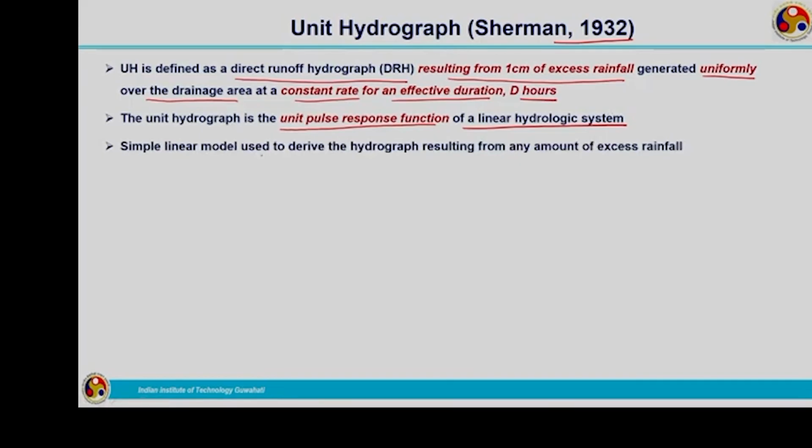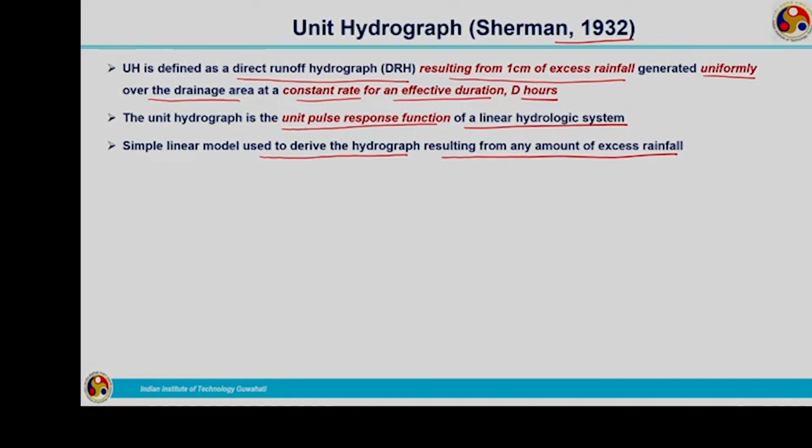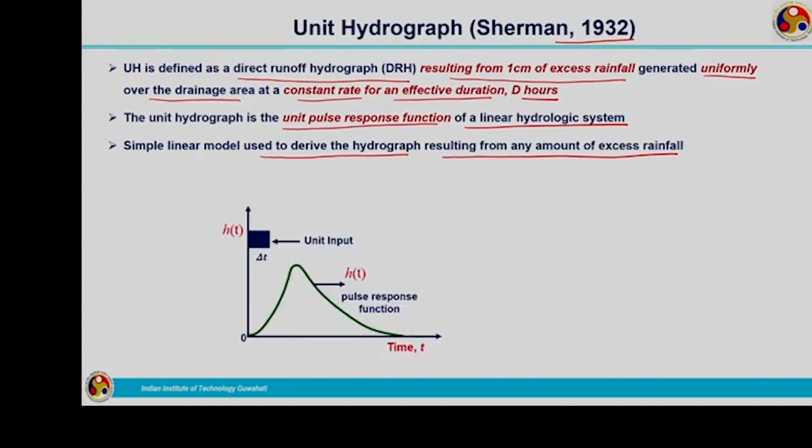So, this is a simple model used to derive the hydrograph resulting from any amount of excess rainfall. Since this is developed based on linear system theory, we can make use of the principle of proportionality or the principle of superposition to find the hydrographs from any amount of rainfall. We can visualize this schematically.